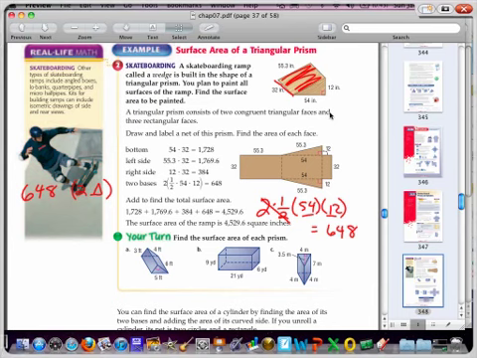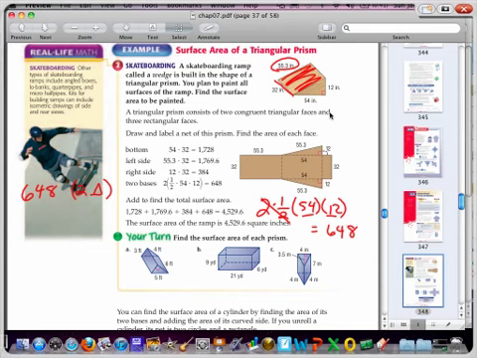Well, according to this, it is 55.3 inches. 55.3. Okay? So let's figure out what our area is for that.